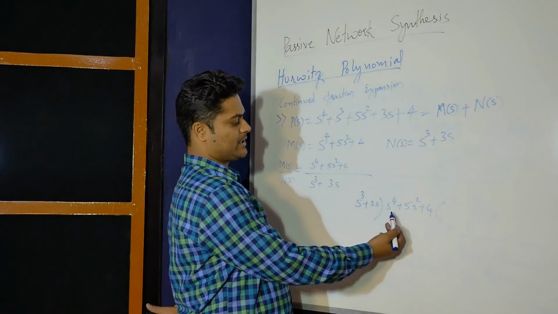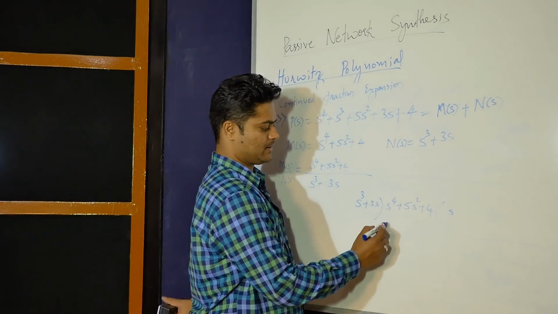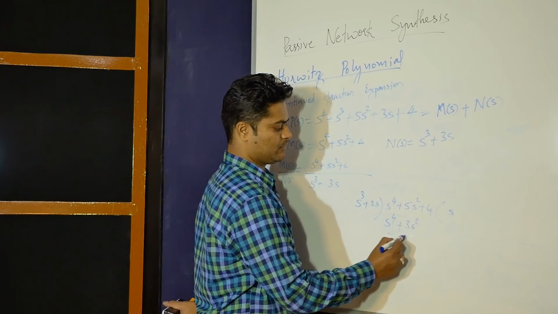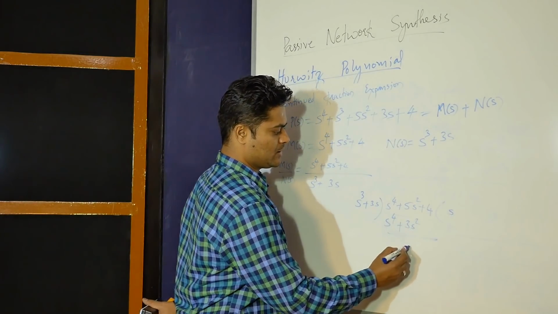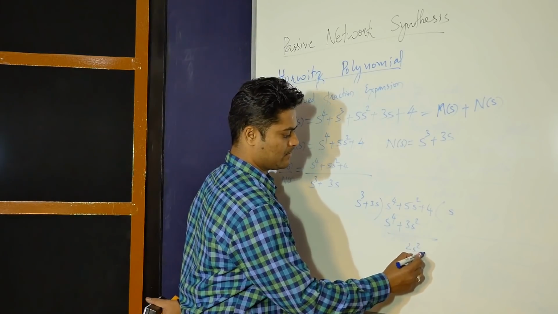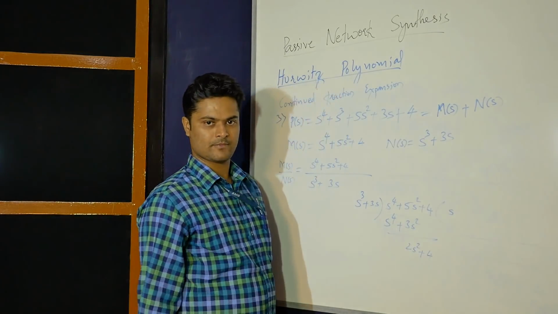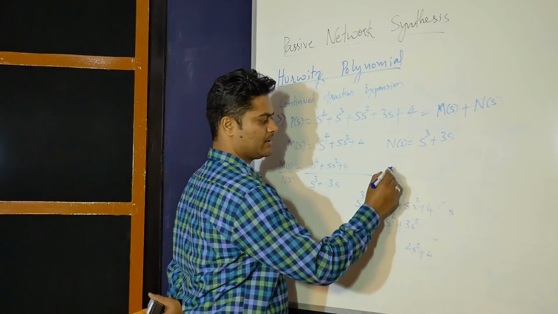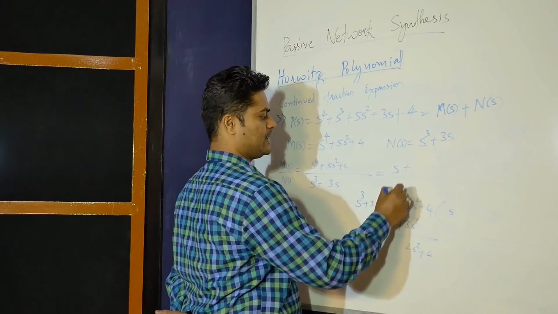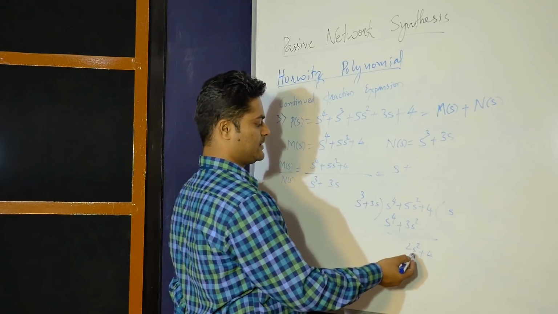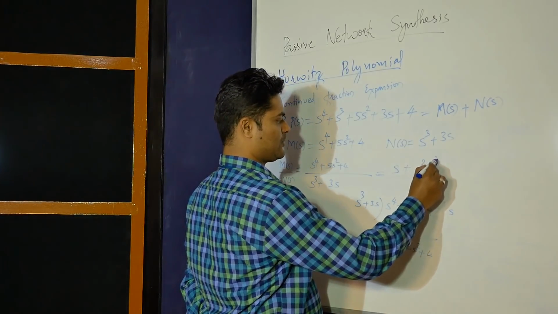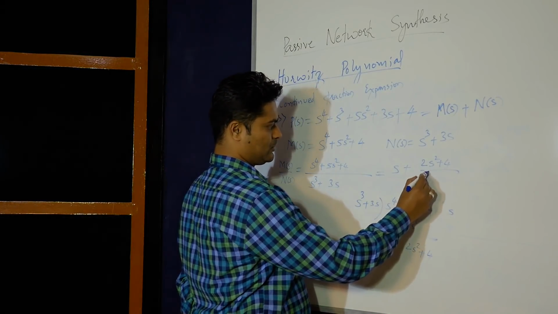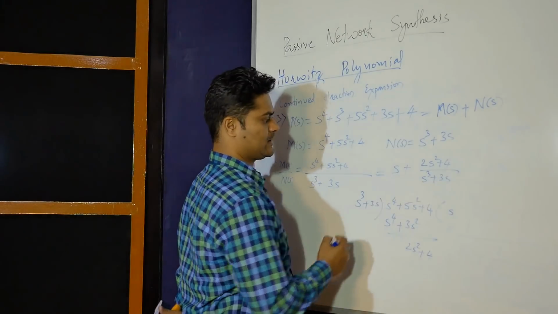To get order s to the power 4 we multiply by s, giving s to the power 4 plus 3s square, which leaves 2s square plus 4. So we can write the quotient as s plus the remainder 2s square plus 4 divided by the divisor s cube plus 3s.